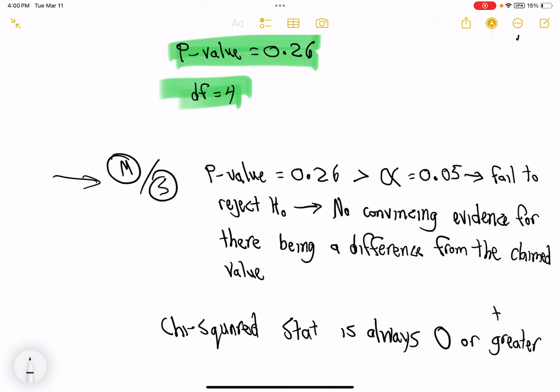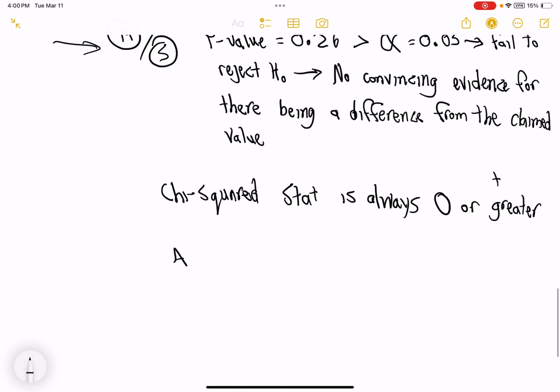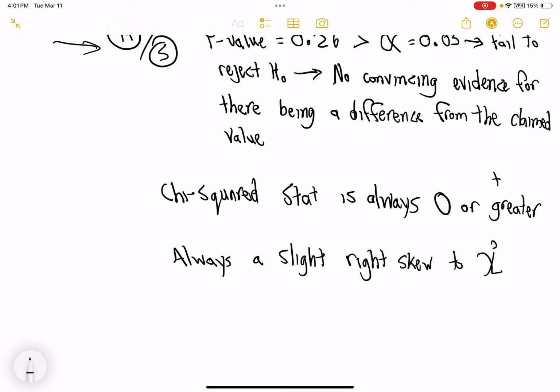And something that you should be aware of is that the chi-squared distribution always has at least a tiny right skew. If you go very, very, very big, you get almost exactly normal, and we can treat them as normal, but there's always a slight right skew to the chi-squared distribution. So those are 2 points I want to hammer home.